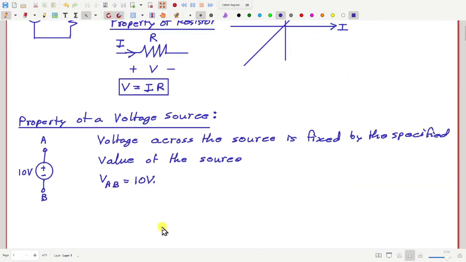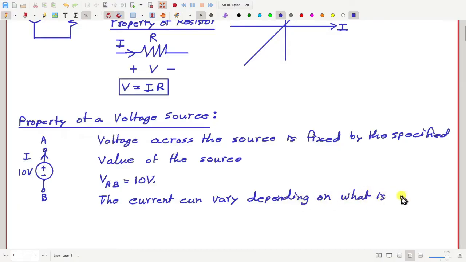But how much is the current flowing through the source? Call this current I. How much is I? The current can vary depending on what is connected to the source. Okay.